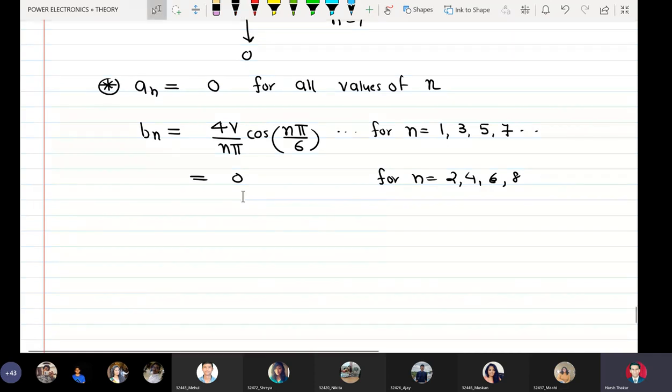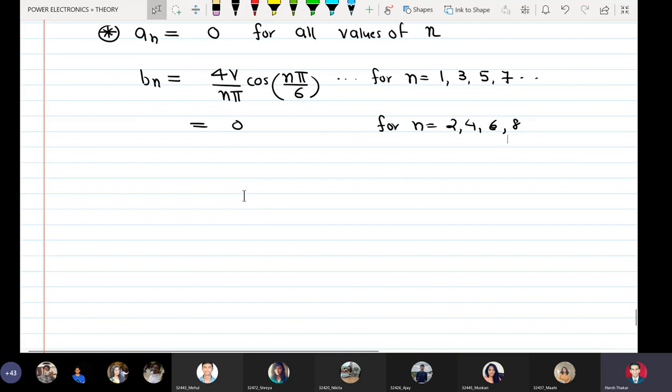Very simple now. An is 0 for all values of n, and Bn exists only for odd values.